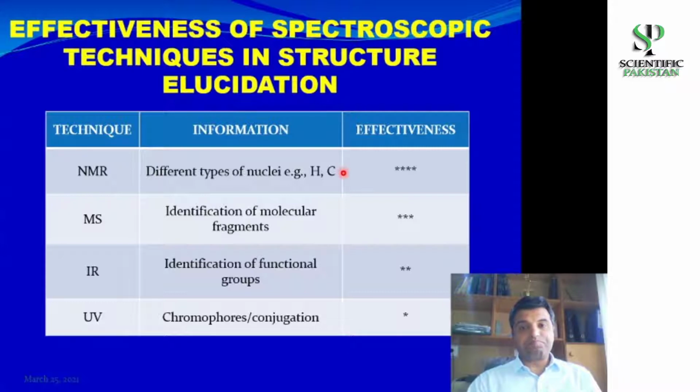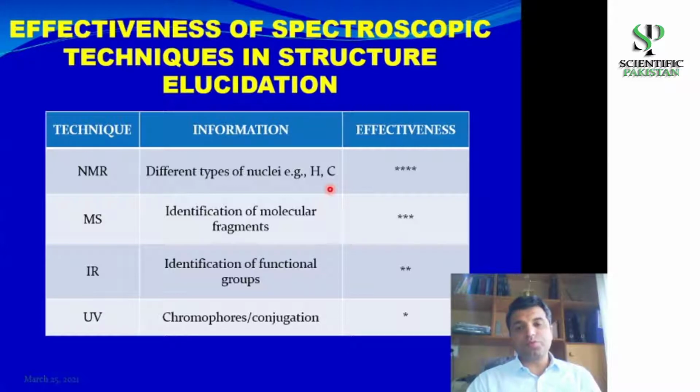We can study deuterium NMR, fluorine NMR, nitrogen NMR, phosphorus NMR, but because organic molecules mostly contain carbon in their structure as well as hydrogens, and hydrogen being a very sensitive nucleus in terms of NMR spectroscopy, sensitive means that it can easily be detected, that is why hydrogen and carbon are mostly studied in NMR spectroscopy.